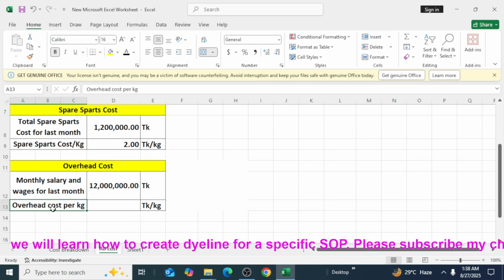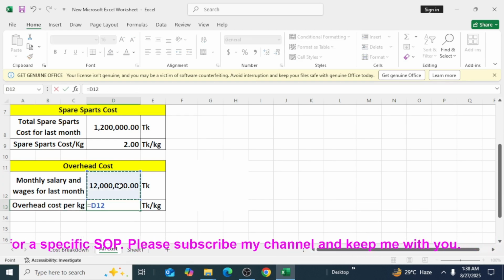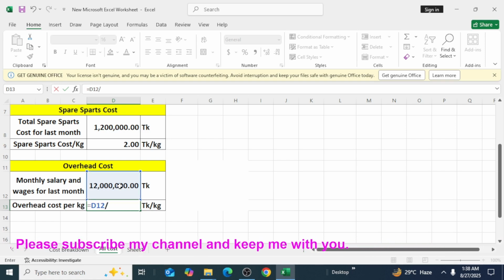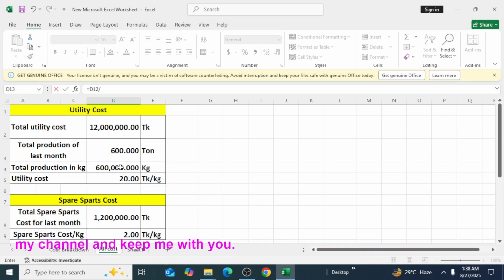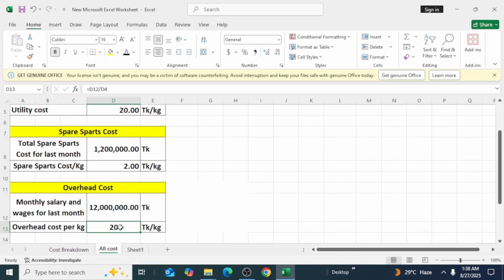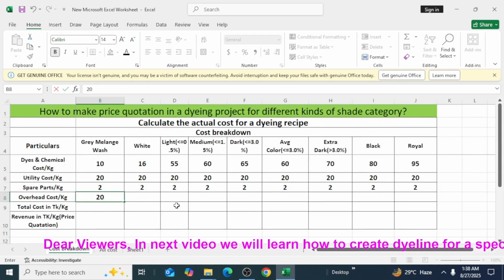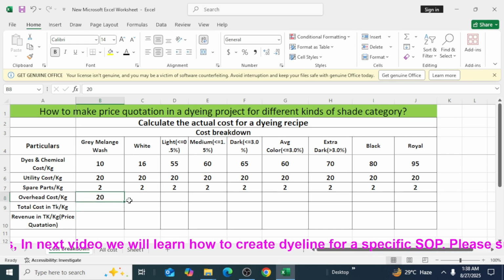So your overhead cost per kg will be equal total salary and wages divided by total production in kg. That means 20 taka per kg. Now write down overhead cost per kg is 20 taka for each category.